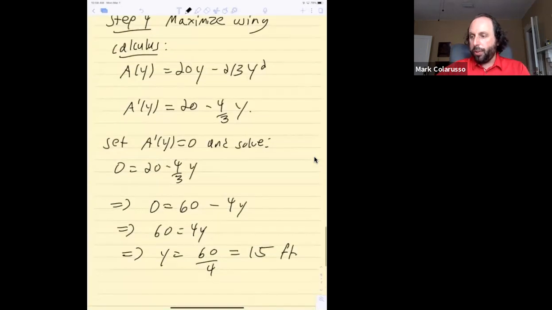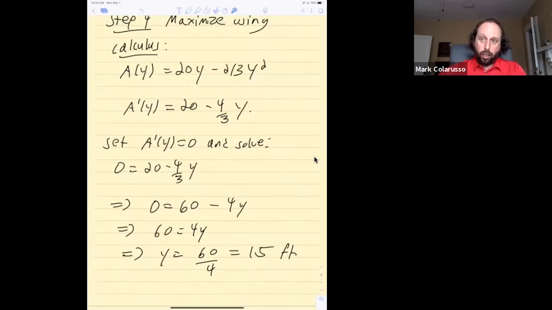And now we need to use a derivative test to check if this is the maximum. Hopefully you're getting a sense for this now. The second derivative test is very easy here. This function, 20y minus 2/3 y squared, is a parabola that opens down, so this will be a maximum.